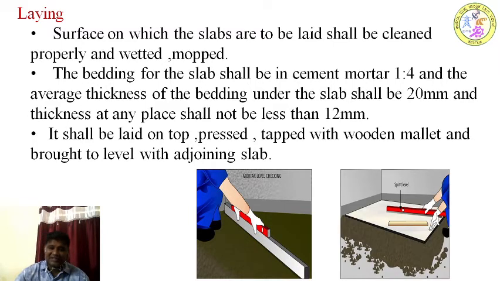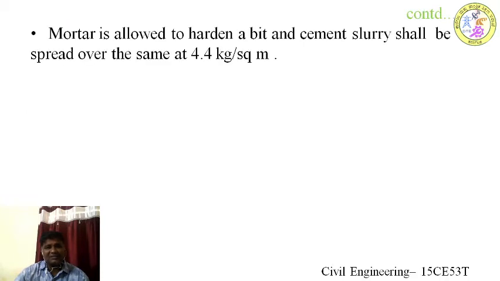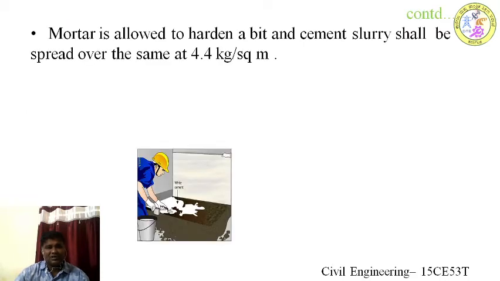After laying it, I am going to check the top level, whether the total surface is exactly level with the adjoining slab. Then again I am going to remove the slab, because in order to have a bond between the floor and the mortar, I have to put cement slurry.